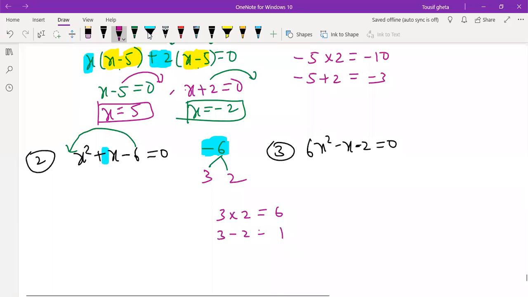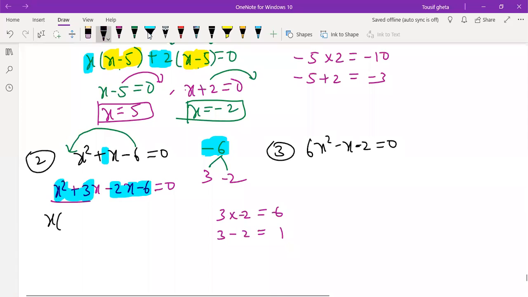So x squared plus 3x minus 2x minus 6. The first sum, always see carefully. One who is a little weak in the basics, see the first sum carefully. Again, x is common in both, and again you should take common in this. So x common, remaining is x plus 3.